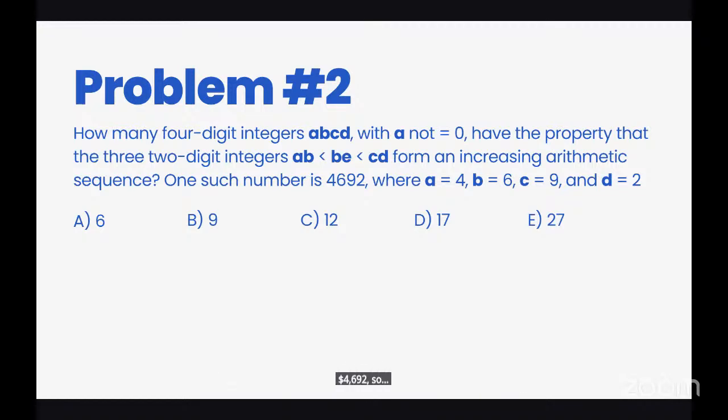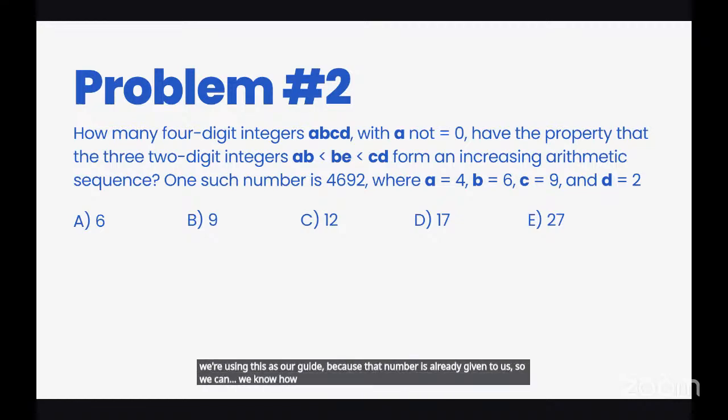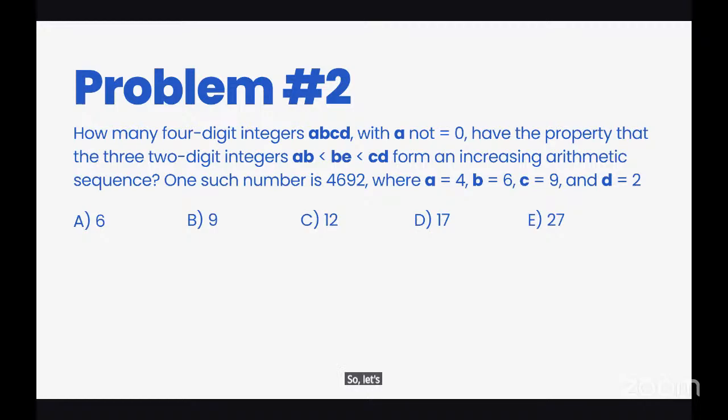So first thing we're going to do here is use 4,692 to build around and solve for the method, right? So we're using this as our guide because that number is already given to us, so we know how to think of our own number. So first thing we're going to do is name the three two-digit numbers.